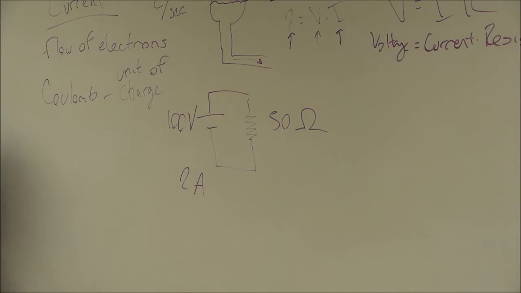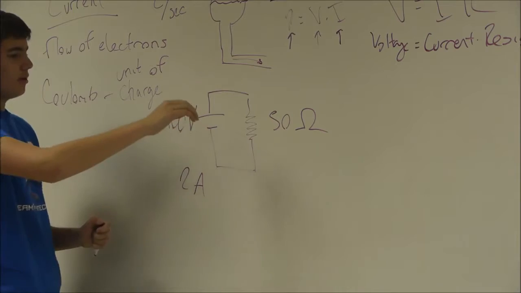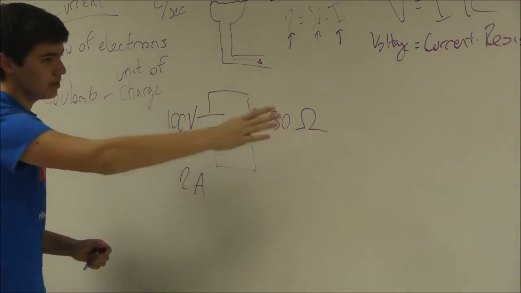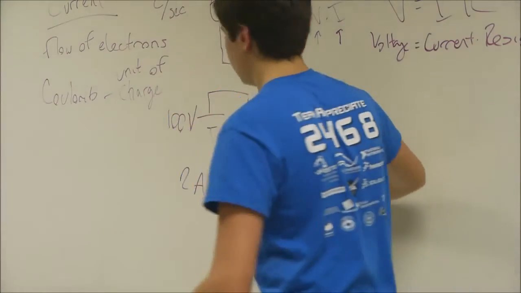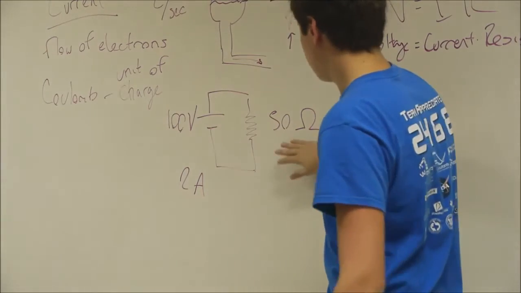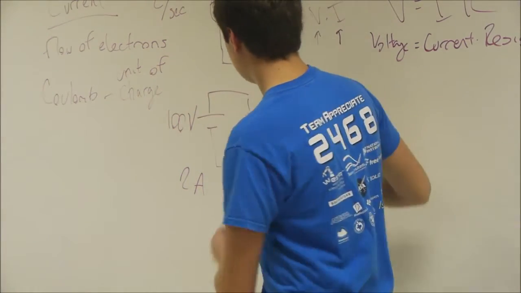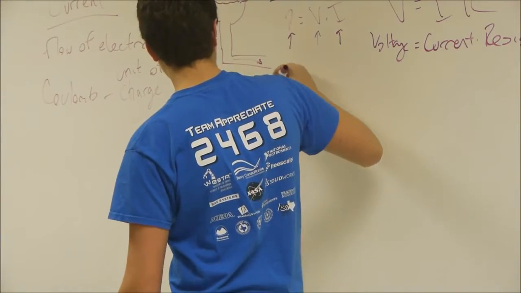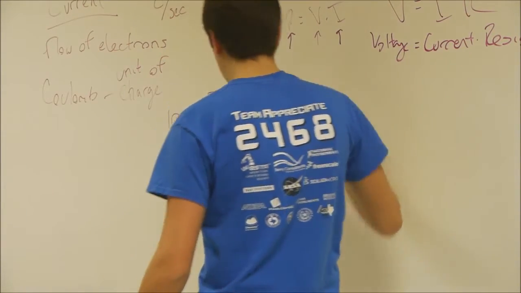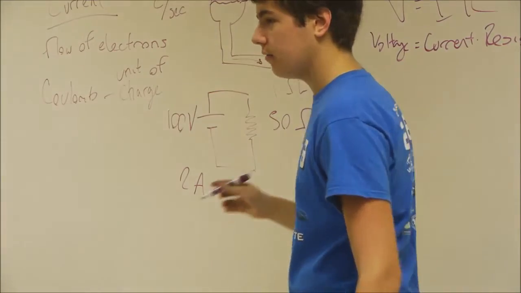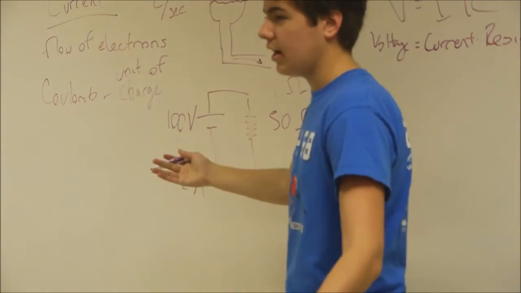And so a circuit like this can kind of show the relationship because resistance is how hard it is for electricity to flow, right? So let's say we change this to 1 ohm. It's really easy for electricity to flow, right? And so your flow rate is going to be higher.